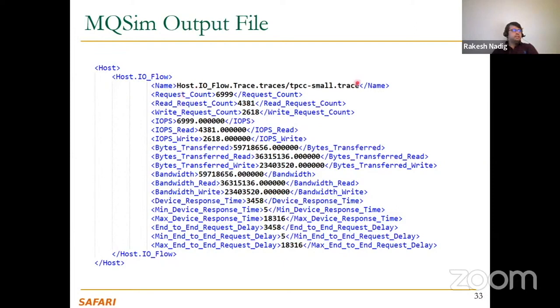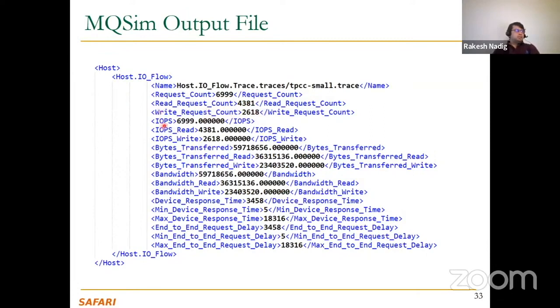So we see the trace file that was used for generating the workload, and we see how many requests were processed, and within those requests, how many of them were read and write, and so on.